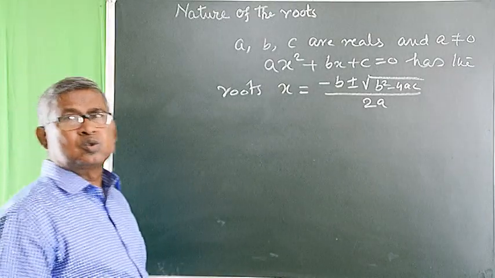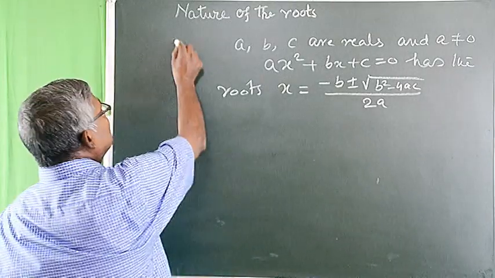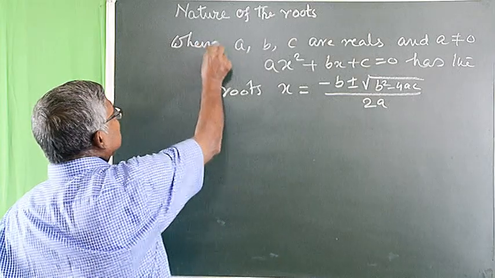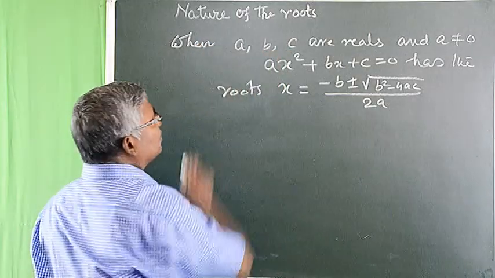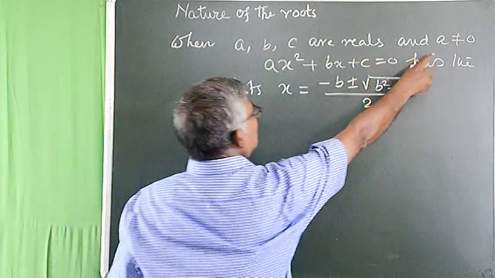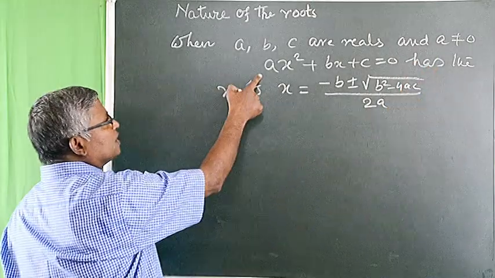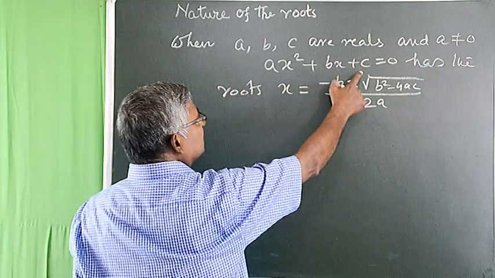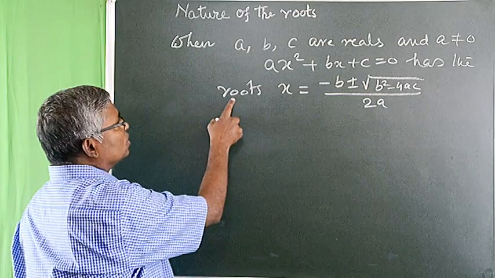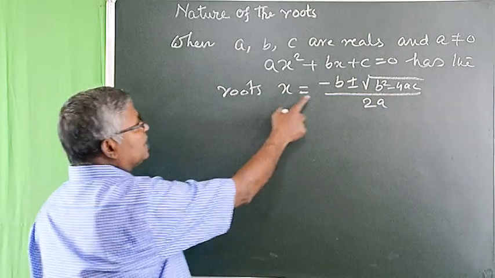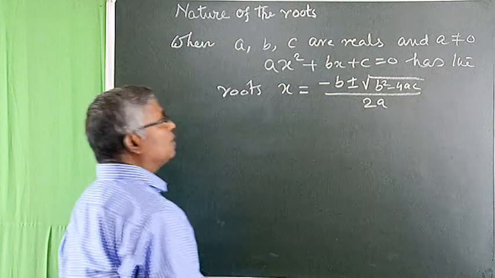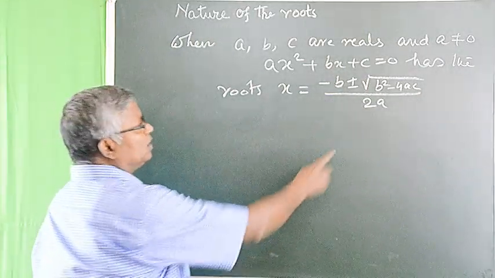Students, so we learned when a, b, c all are real numbers and a not equal to 0, then the quadratic equation ax square plus bx plus c has the roots, that is x equal to minus b plus minus root over b square minus 4ac by twice a.